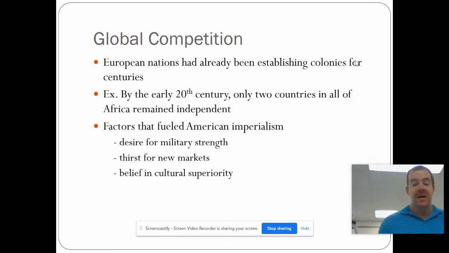And the third one is what is known as belief in cultural superiority, or something such as social Darwinism. The idea that we're going to take you over just because we're more advanced, we're better than these other lesser countries. Notice I said lesser. That's the whole idea behind imperialism. Europe had been doing that forever, coming to the New World and taking it over because Europe believed that their culture was better or more advanced than these places that were colonized.